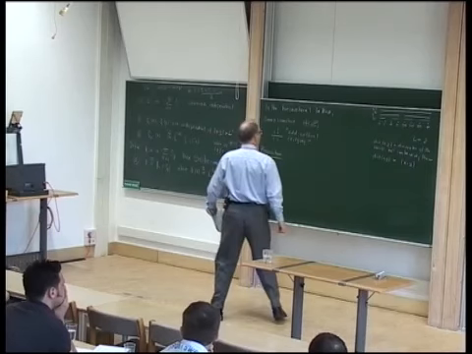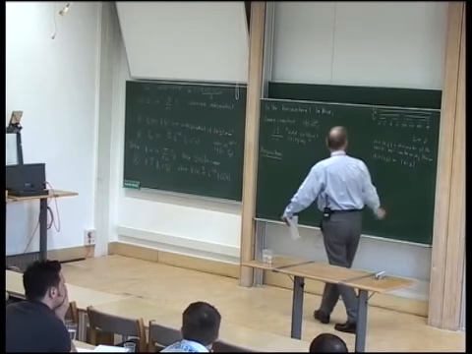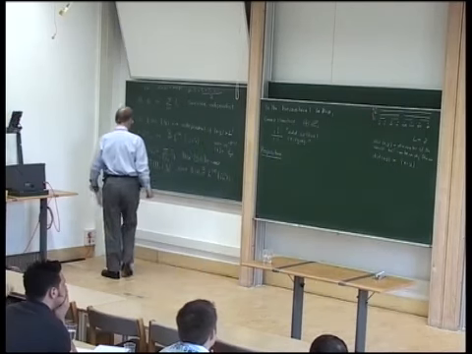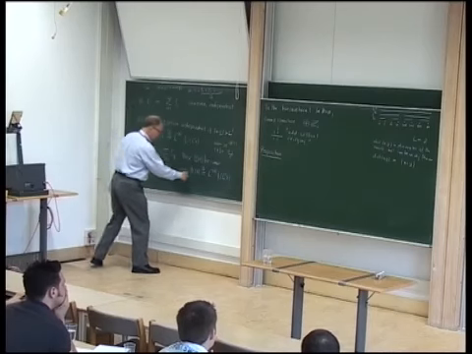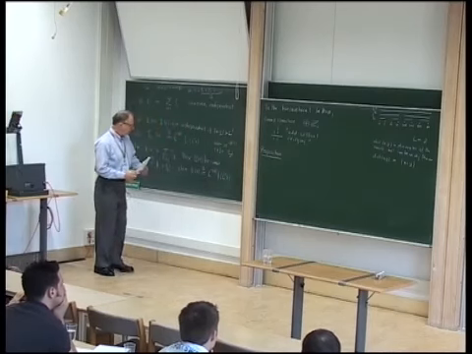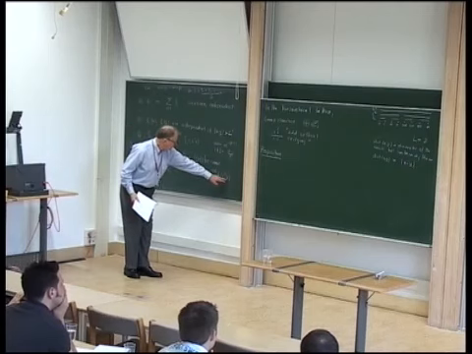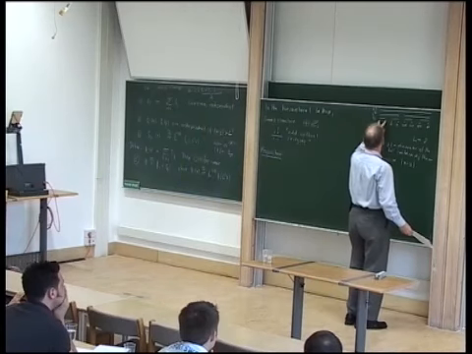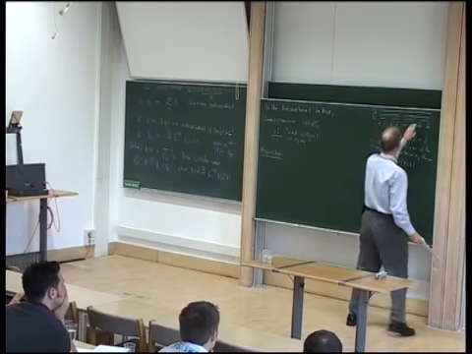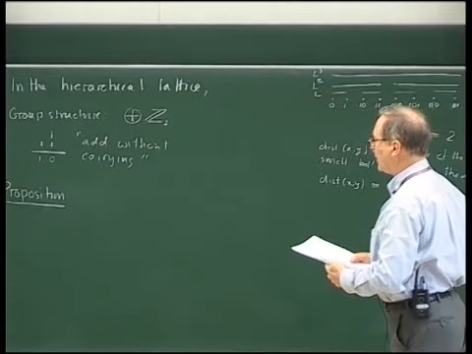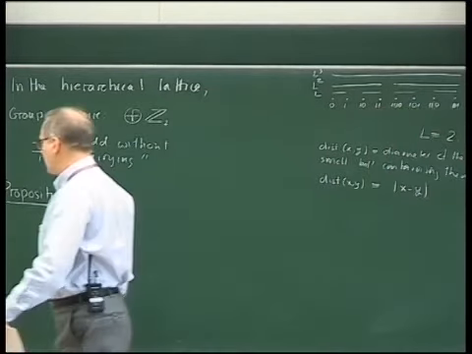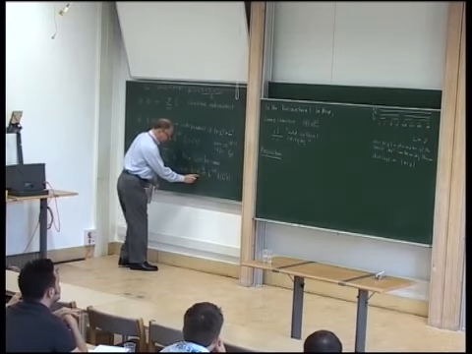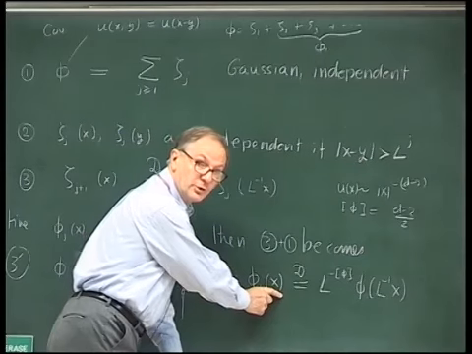What I was going to say before I got into this group structure is some other consequence that we'll need about this relation here. You see, in the hierarchical lattice, L inverse of x means contract these 2 points like that. It's a map from the hierarchical lattice to itself. But since it identifies points that are in the same ball, it means that this guy here has to be constant on balls, right?